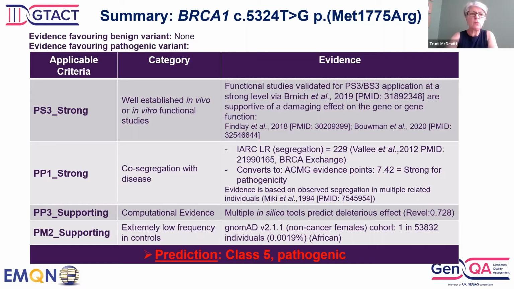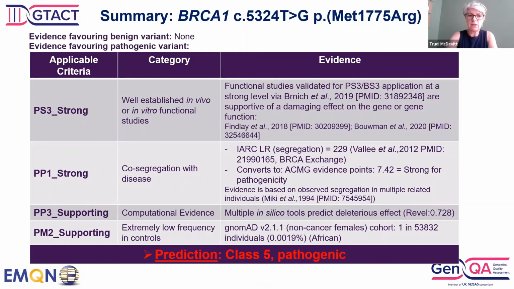We also use PP1 strong. Now this is based on the multifactorial analysis by Enigma, and we use the latest ClinGen guidelines that allow you to convert multifactorial data likelihood ratio scores to ACMG evidence points, which means that you can more appropriately use data that maybe would previously have given you a PP1 supporting.